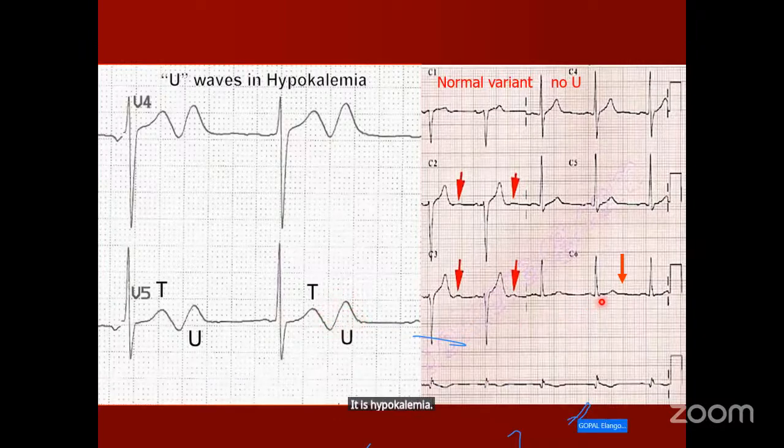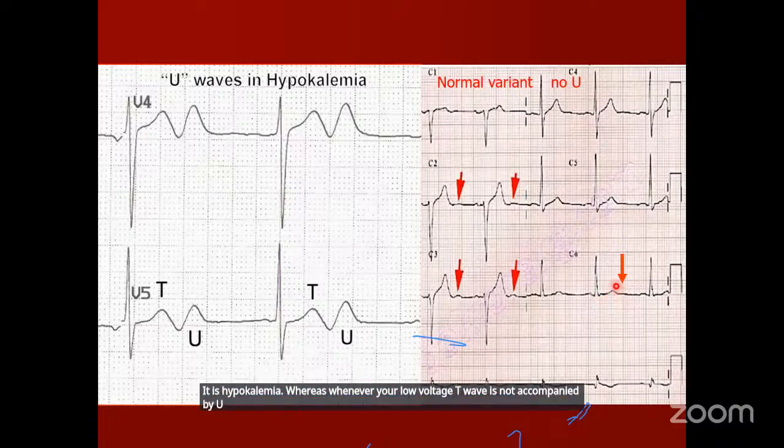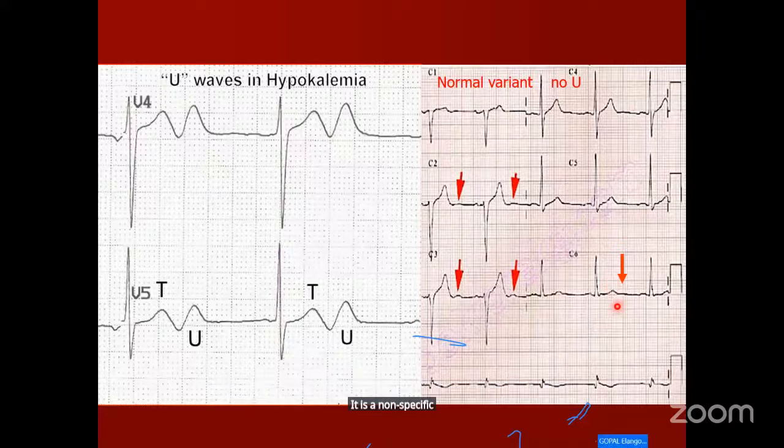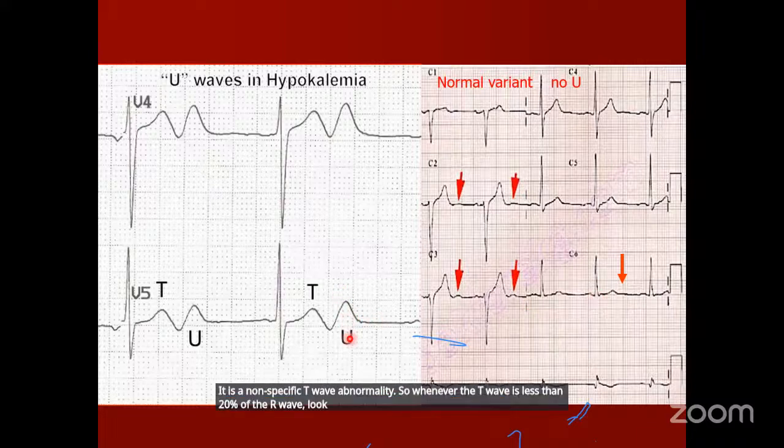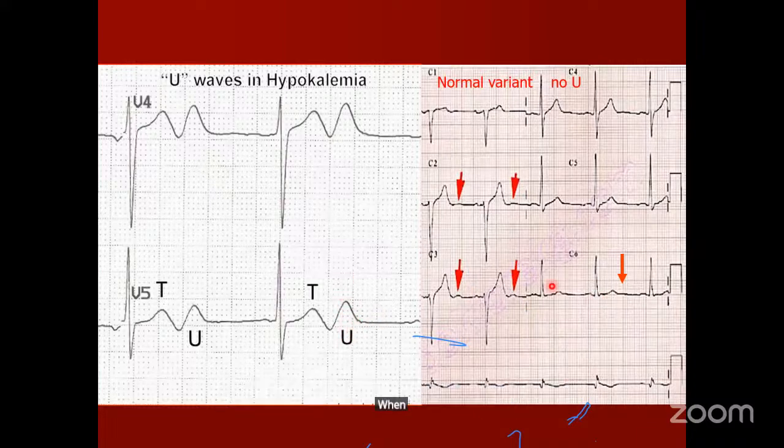Whereas whenever your low voltage T wave is not accompanied by a U wave, it is a non-specific T wave abnormality. So whenever the T wave is less than 20% of the R wave, look at the associated U wave. When there is a U wave, it's hypokalemia. When there is no U wave, it is a non-specific abnormality.